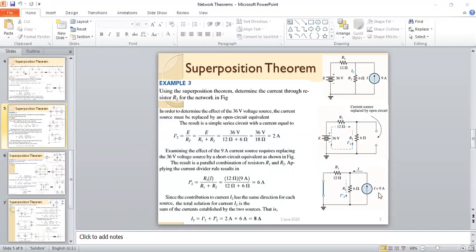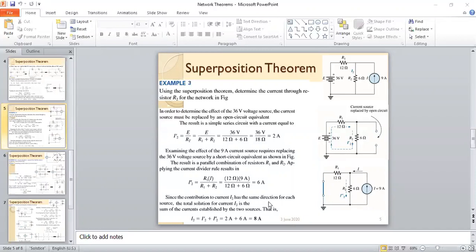But the easy thing is that we already know the current. We do not need to calculate the total current because this is a current source and 9 ampere current is going over here. But we need to divide the current between them. The current divider rule tells us that R opposite divided by R opposite plus R same, multiplied by the total current.